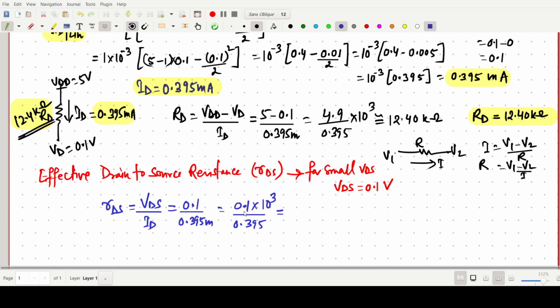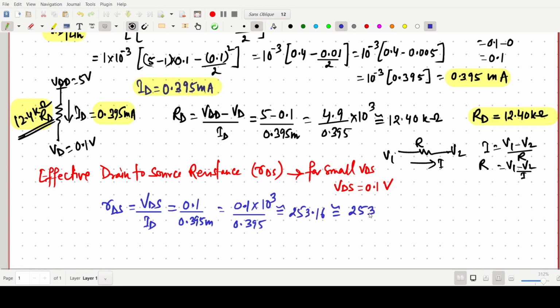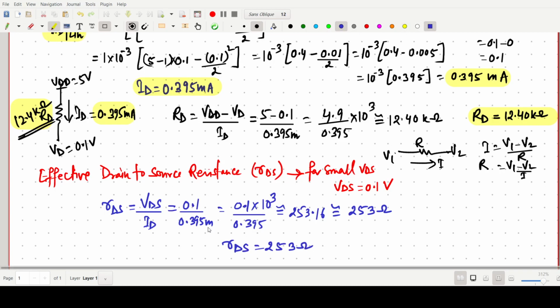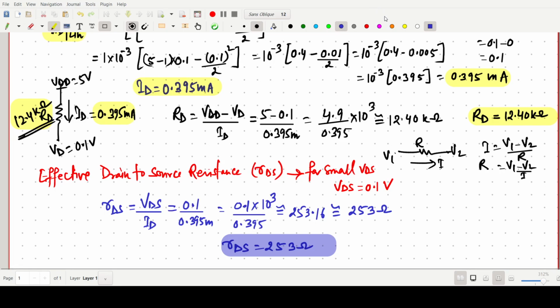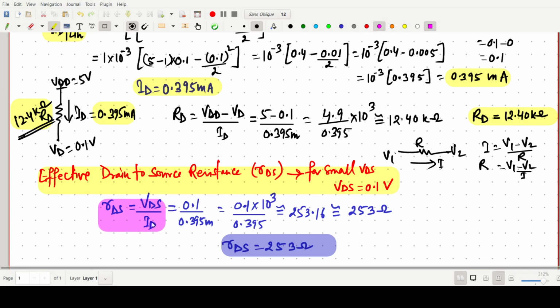So if you solve this, it nearly comes 253.16, or better to write 253 ohm. So the RDS value will be 253 ohm. So this is all about this effective drain to source resistance for the small VDS.